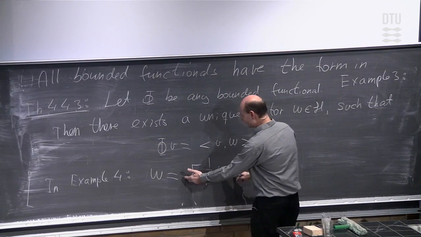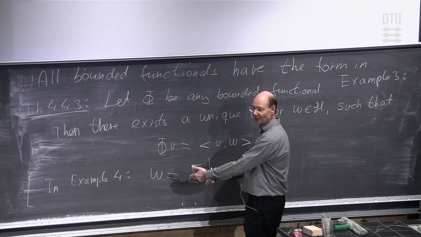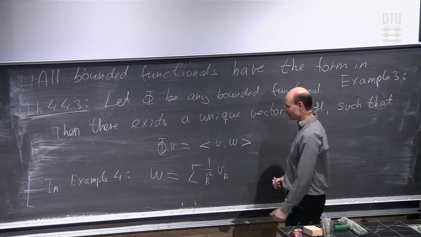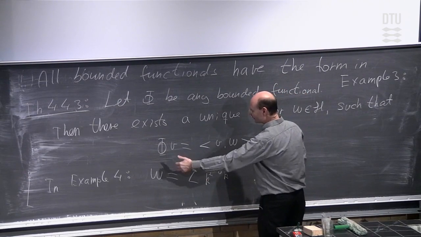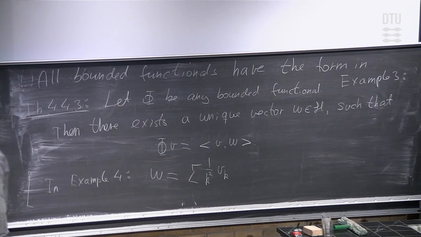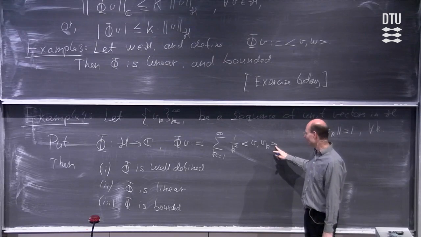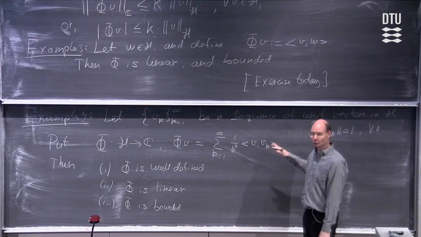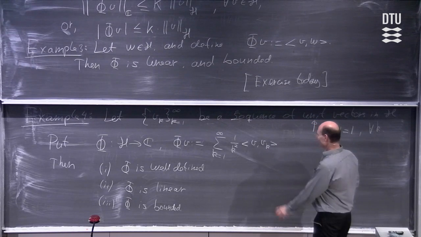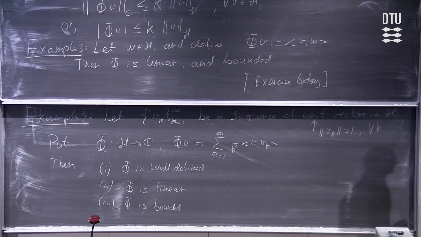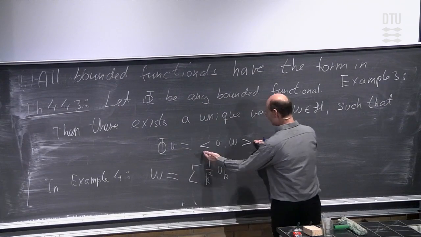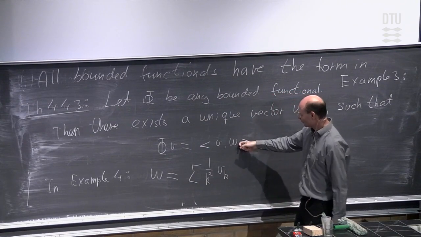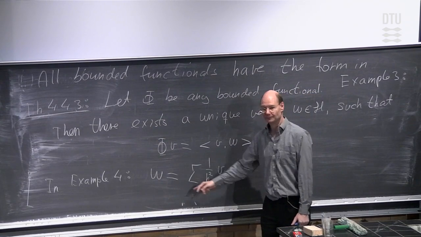So if you look at this vector, and you take the inner product with the v, and you do calculations, that means you move the sum outside, then you end up with exactly this expression. This is something I will leave to you, but you can do these calculations, and then you'll see that this complicated functional is exactly given by this if you put in W equal to this.